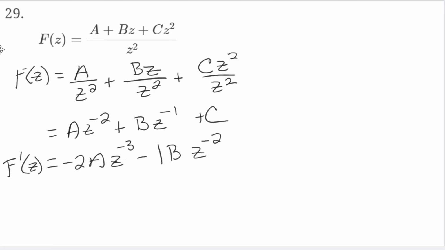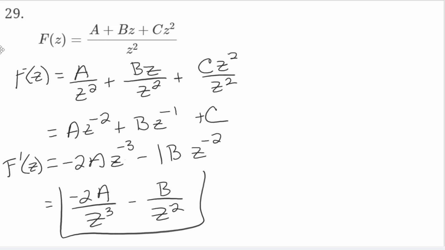And then c is gone because it's a constant. So we can clean this one up a little bit. So we have negative 2a over z to the third minus b over z squared.